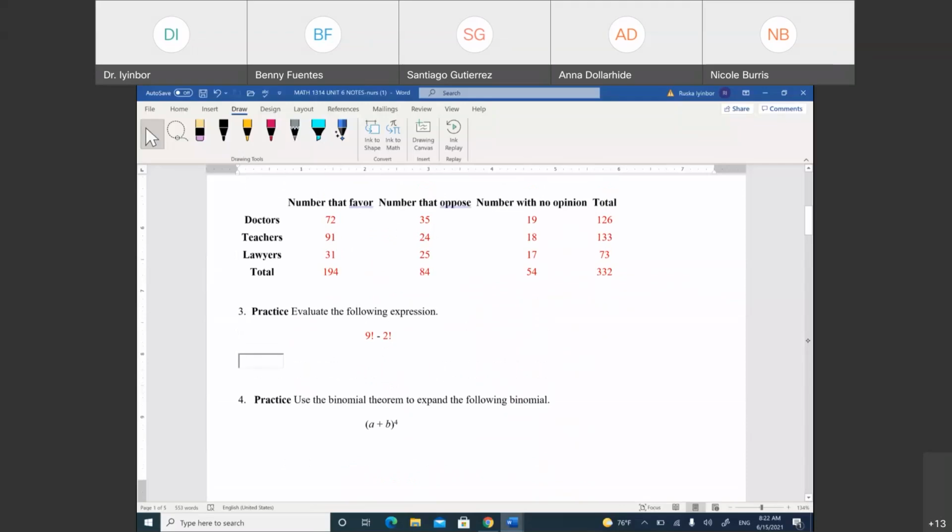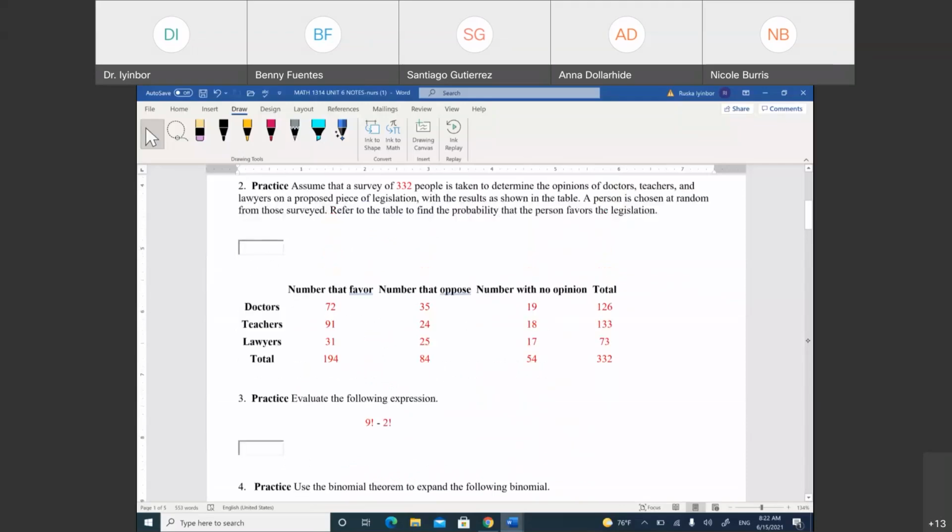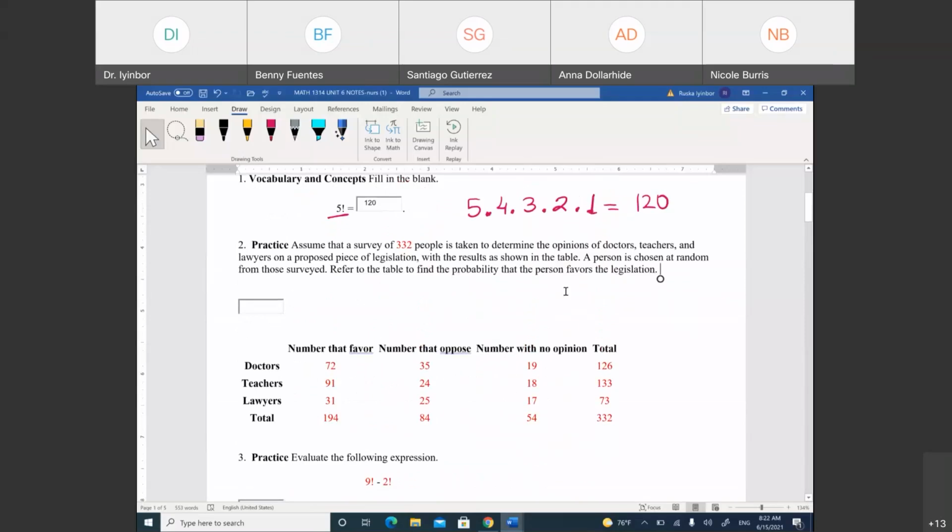So now I'm going to skip number 2 for a second. Number 2 is a statistic where you have a survey with these results and you have to find the probability. So we're going to do number 2 later on because you have more probability questions in there. So I'll be back to number 2 later.